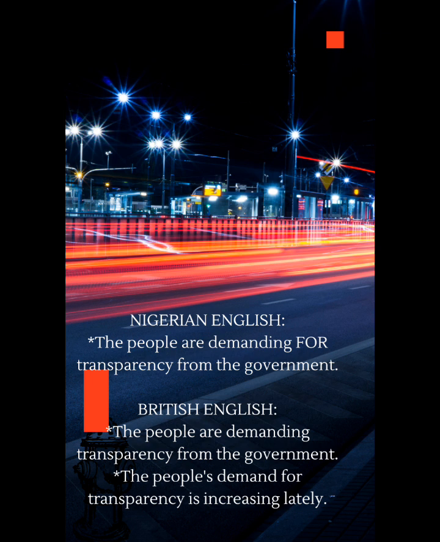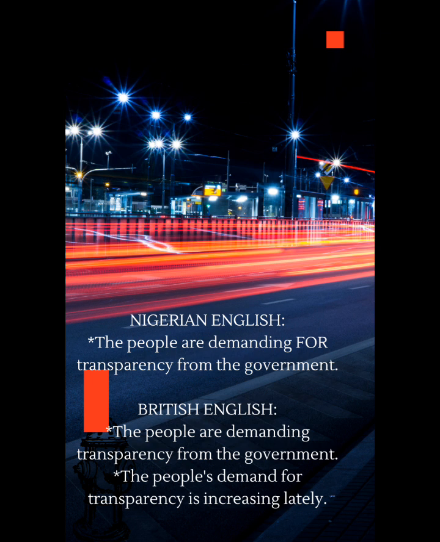The verb demand. In Nigerian English, the verb demand collocates with for. Nigerians attach the preposition for to demand. That's why you have a sentence like, the people are demanding for transparency from the government.